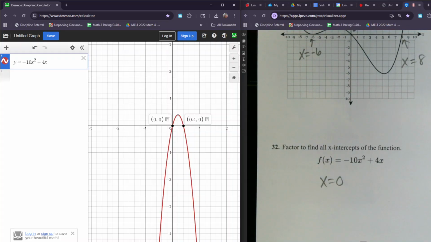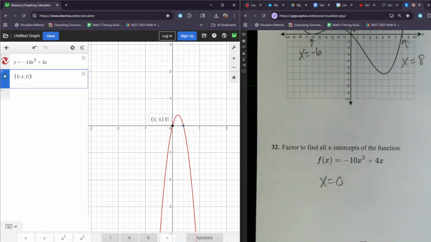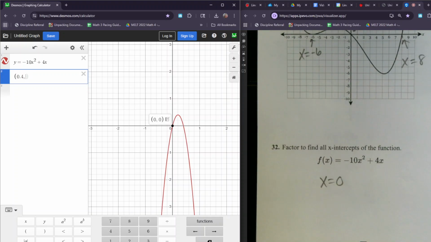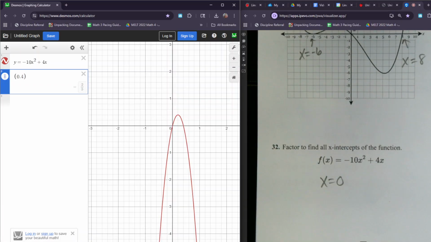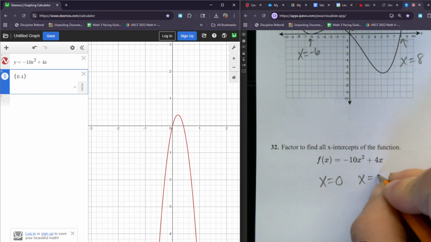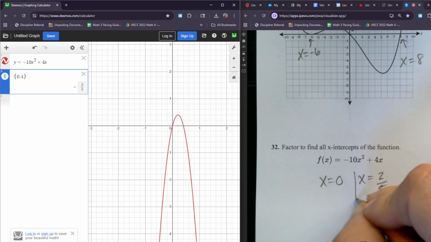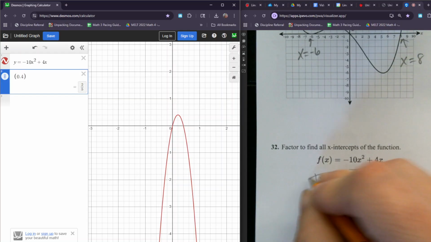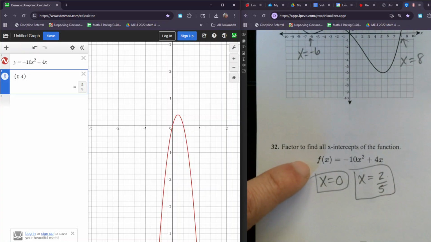All right, now, if you take this number over here and delete some of it, it'll give you a fraction bar. That's 2/5. So you really don't necessarily have to factor it if it doesn't need to be factored.